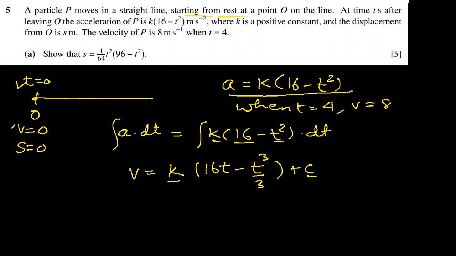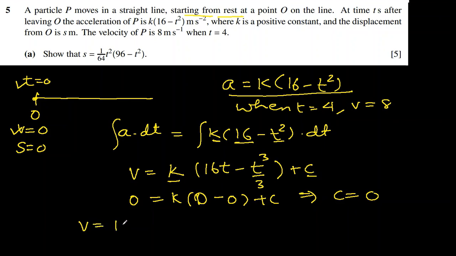When t is 0, v is 0. So we'll substitute t and v in this equation and we'll get our c. So 0 equals k times (16 times 0 is 0, minus 0 cubed over 3 is 0), plus c. That means c is 0. So your equation for velocity becomes k(16t minus t cubed over 3). That's it. No c anymore.